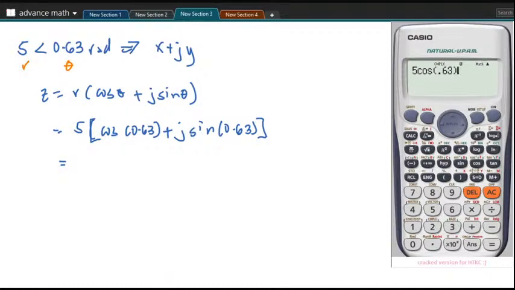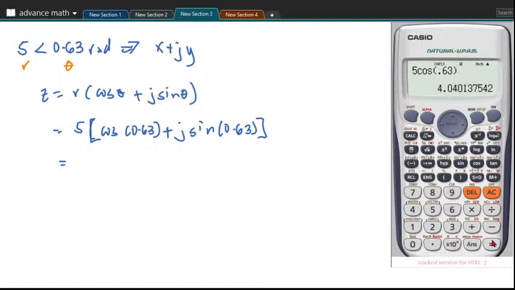If you're using a Casio FX-570 calculator, you just need to press shift mode, then 4. The 4 is for radians, so now the unit for the angle is radians.